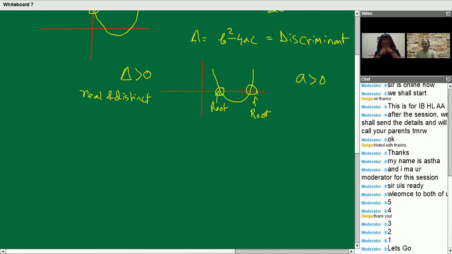Always remember, when a is greater than 0, the parabola opens up, or is concave up. A means the leading coefficient. When a is negative, it is concave down.